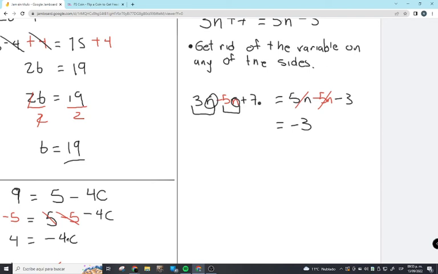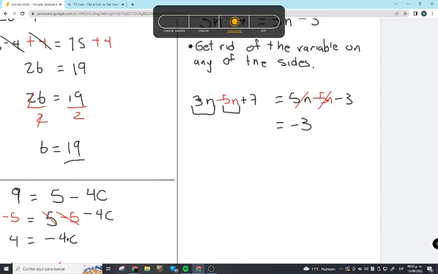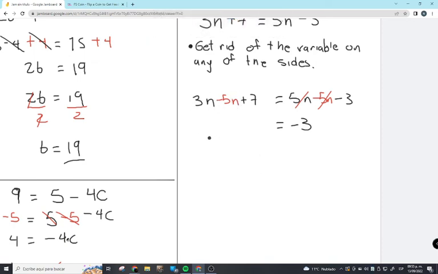It doesn't have a variable at all. So take that always into account. In this case we can mix them, we can operate them. So if I have 3n and I got rid of 5n, it's like subtracting 3n minus 5n, I end up with negative 2n, and plus 7.